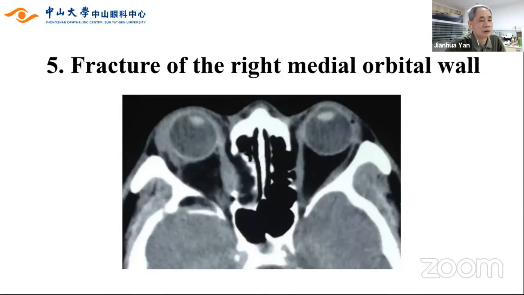Yeah, look at the orbital CT scan. He has a fracture of the right medial orbital wall. The medial rectus is enlarged at the posterior part of it, so he cannot move the right eye outward.